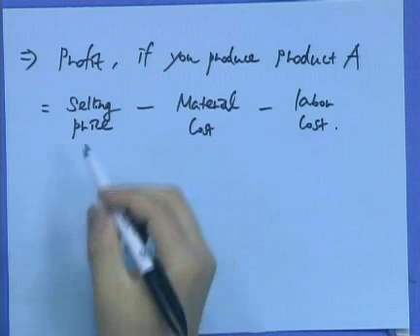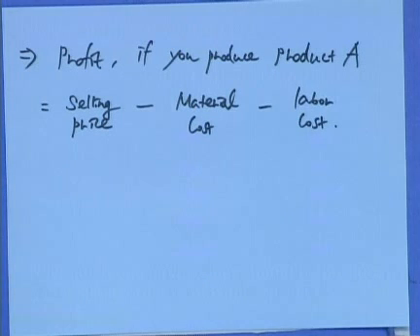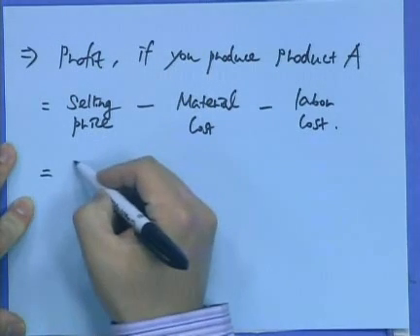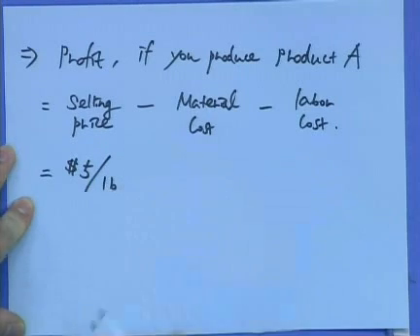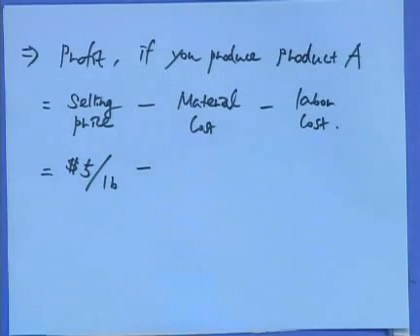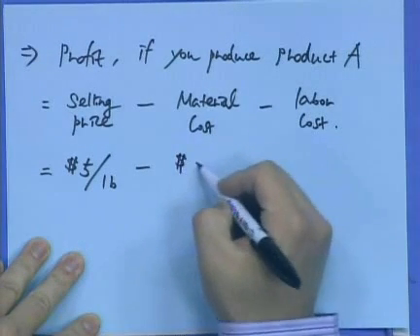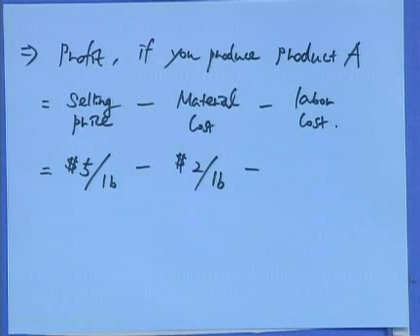How much is the selling price for product A? That is $5 per pound, right? And the material cost is $2 per pound. Then how about the labor cost?